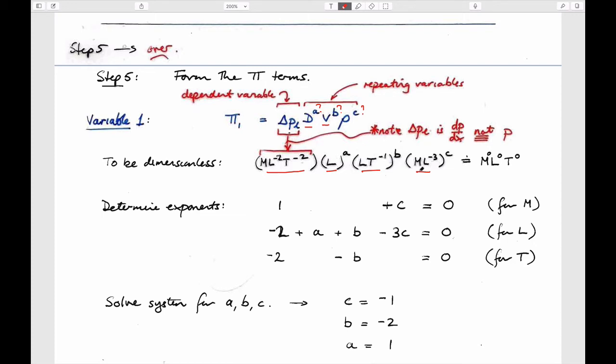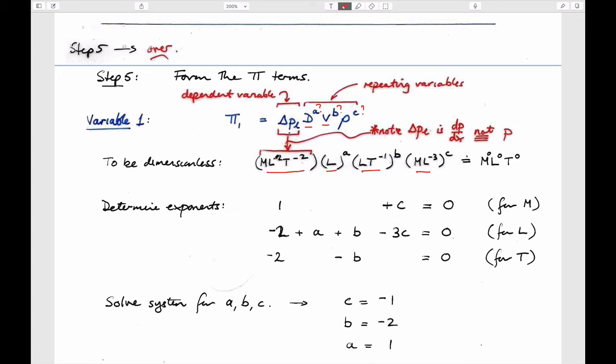And so that's really what we're doing. And so since we have 3 variables, A, B, and C, we can write this equation 3 times in terms of mass, then length, then time. We can make sure that in each case the exponents sum to 0 on the right-hand side, and that's basically the solution.